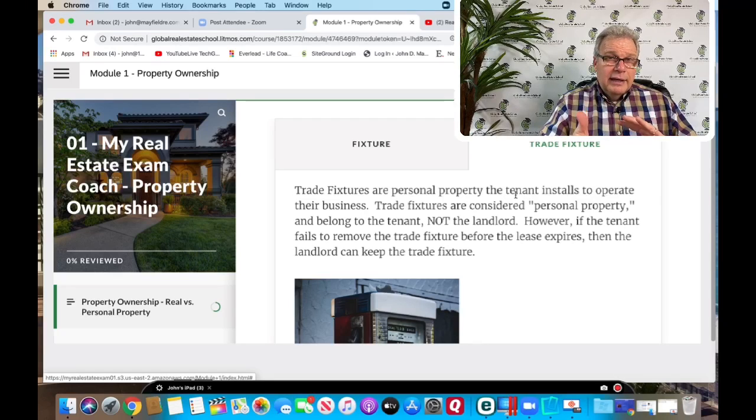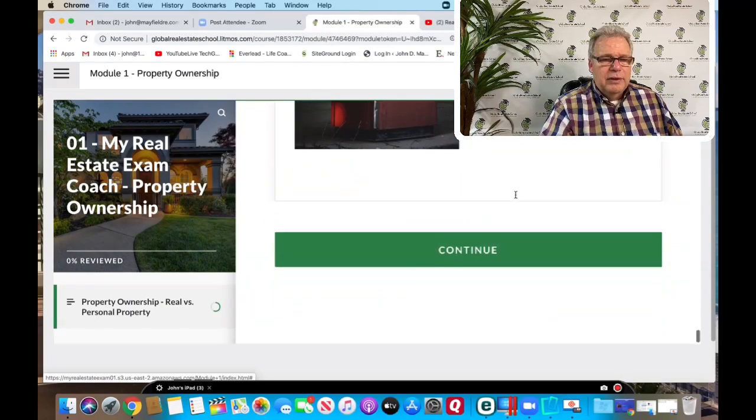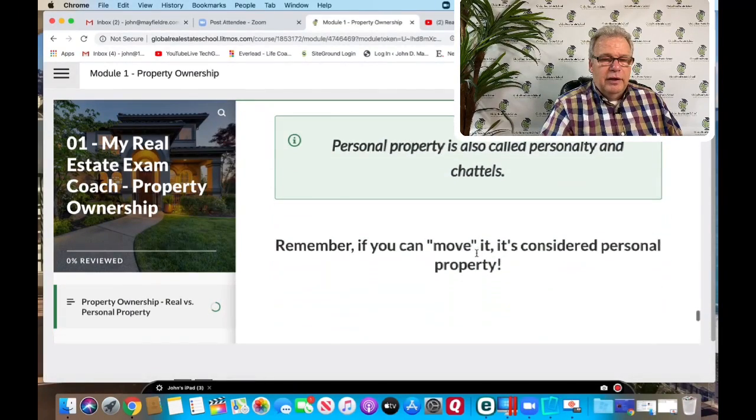So, again, they're going to ask you questions, and they're going to give you scenarios, and they're going to want to know, is this a fixture? Is it a trade fixture? And how does it apply to this question they're asking you? I think you'll be fine on those. Just read them carefully and understand.